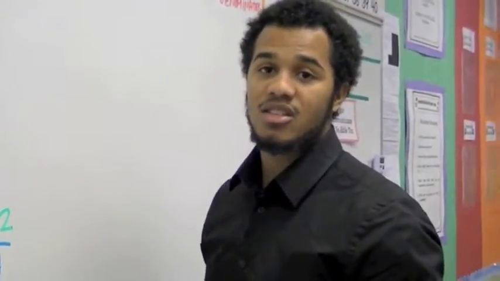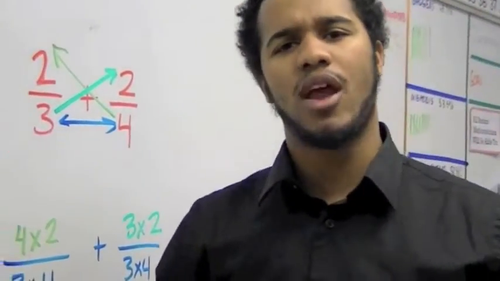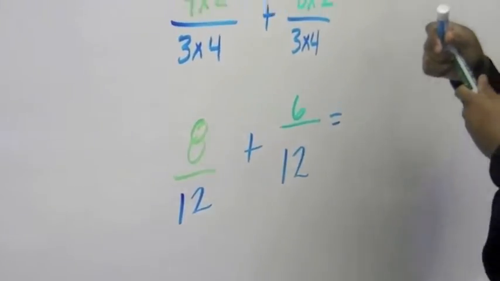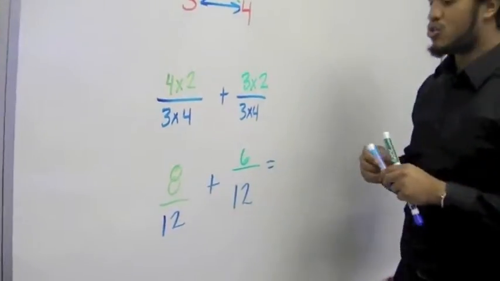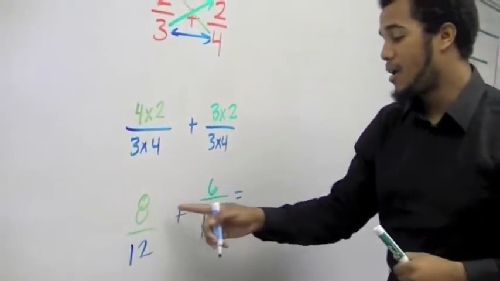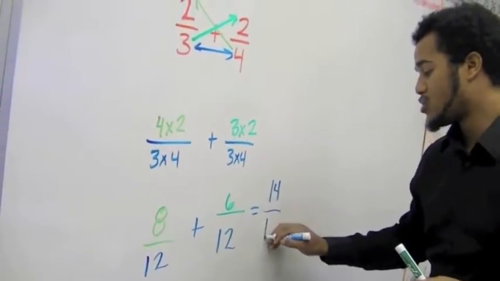Now, add these together and tell me, is this an improper fraction or not? Will this be an improper fraction or will it be a regular fraction? Now after you add it, you should see that this is an improper fraction. 8 plus 6 is 14 over 12.